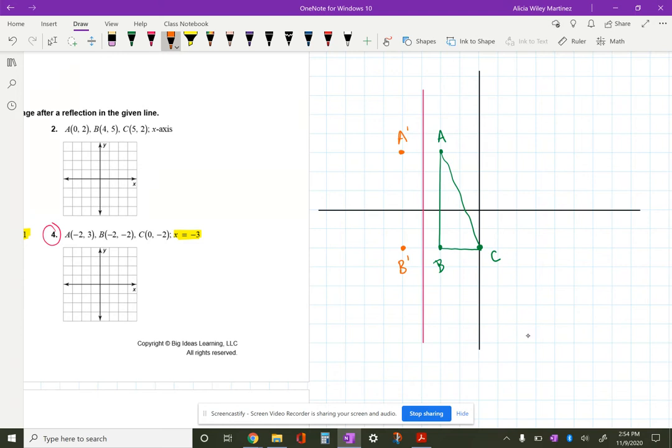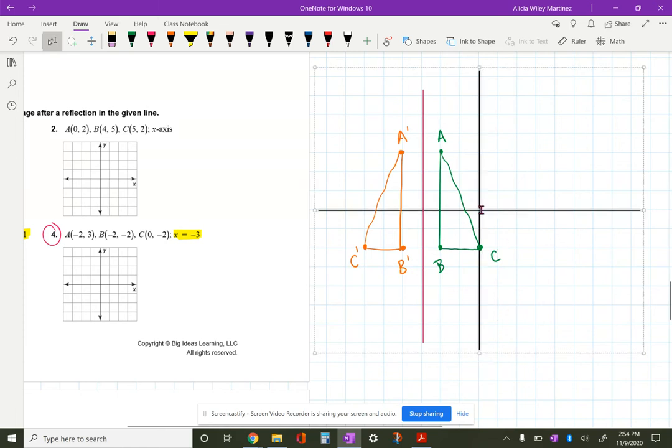C prime is, you can think of it as 2 spaces away from B, or you can say it's 1, 2, 3 away from the line of reflection. So 1, 2, 3 in the other direction, I get C prime. And then I can connect it and see that this is my new image in orange.